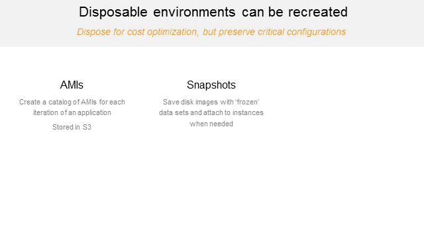Secondly, you can use snapshotting, and once again, we've already touched upon this very briefly. This is similar to the kind of snapshotting that you might take using storage management tools. You can do it via the console, via the API, or via the command line. And this allows you to basically freeze the data set that's on a volume on a disk and to reattach that to another instance later on when you need to do so.